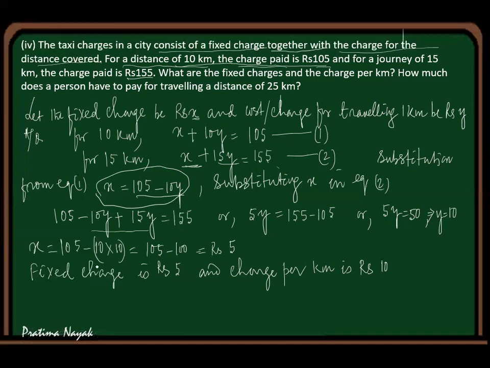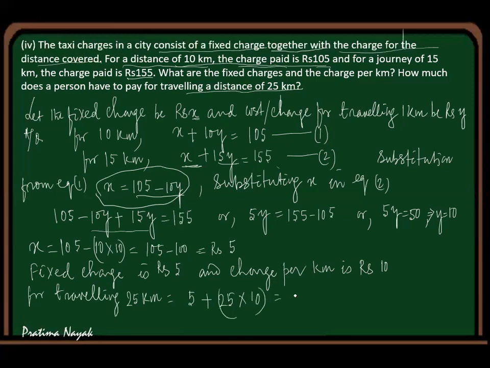Okay. Now next, he is traveling how much? Traveling 25 kilometers. So for traveling 25 kilometers, will give fixed charge 5 plus 25 into per kilometer 10.